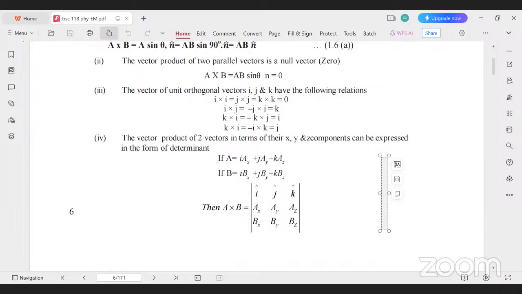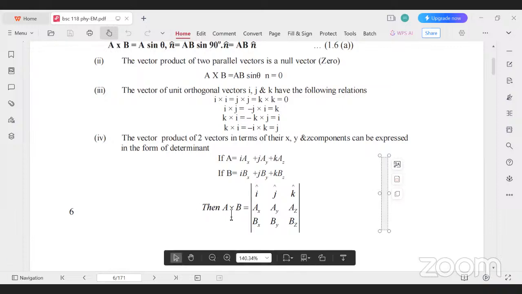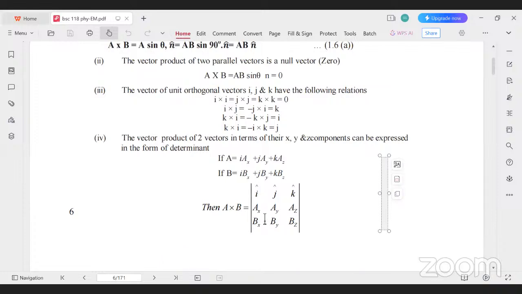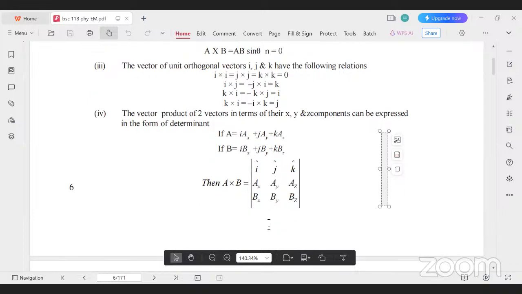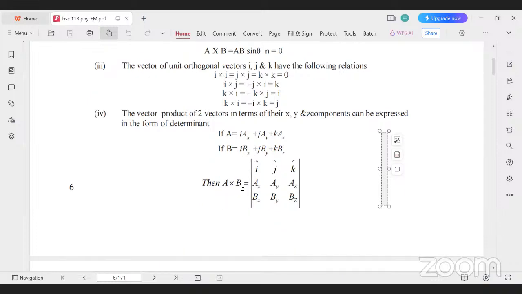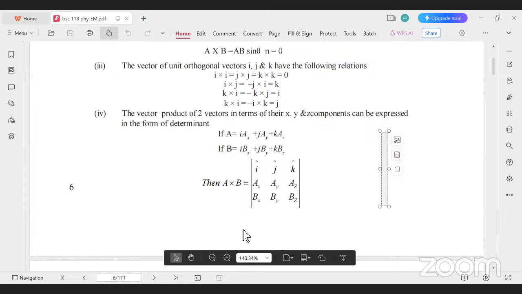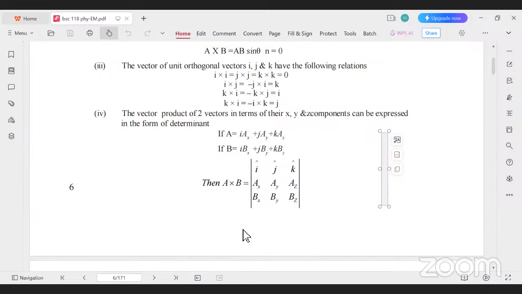Clear? So here, if I'm talking about A and B for i, j, k, I can find AX, AY, AZ, BX, BY, BZ, CX, CY, CZ. Like that, so on. Here I'm taking A and B direction. I can find for A and B, then I can find for n number of particles. Clear?